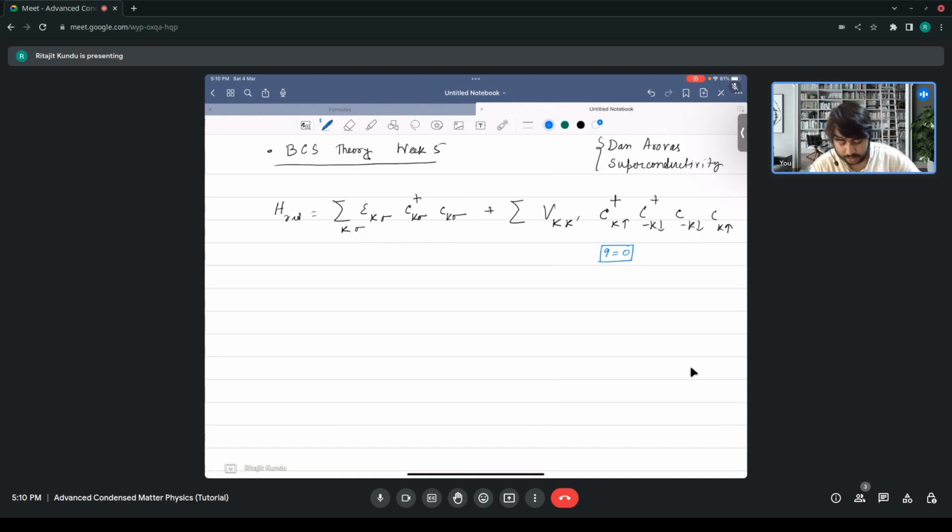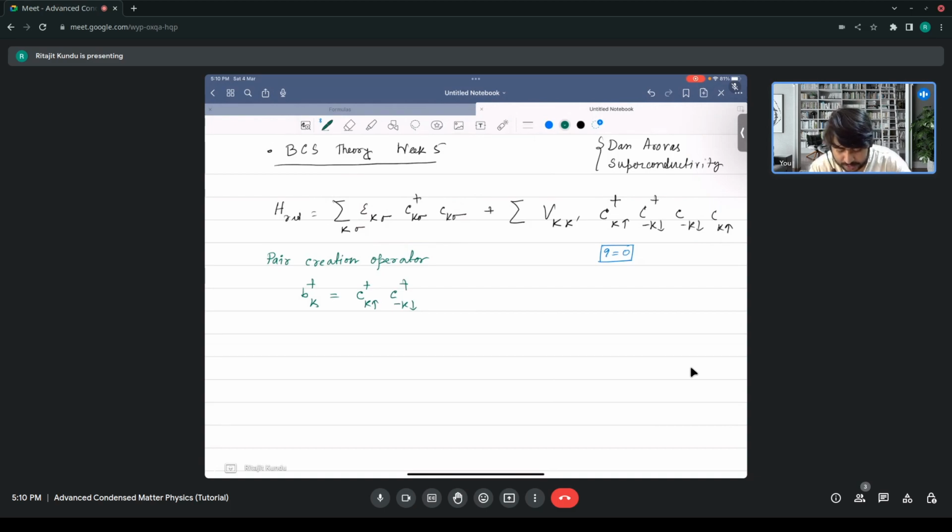Let me define an operator which will be useful later on. It is called a pair creation operator, and I am writing it as B. B dagger k is given by c dagger k up, c dagger minus k down.